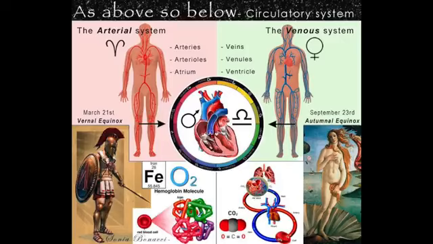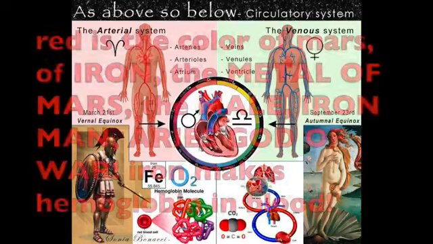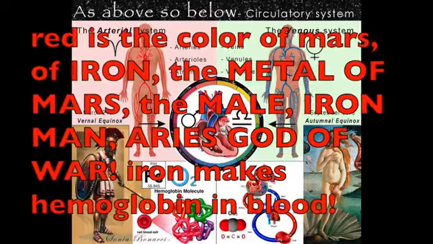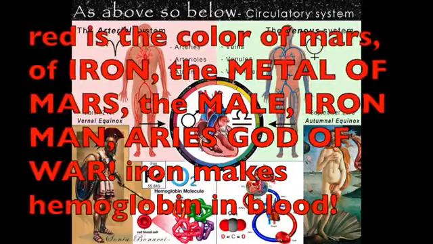So we have the venous system, which is blue, and the arterial system, which is red. The arterial system relates to the color red, which relates to the god Mars. In other words, the male phallic energy, the sword.